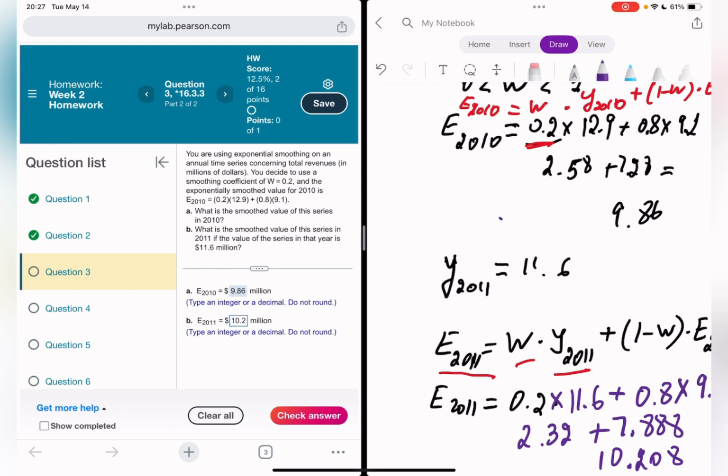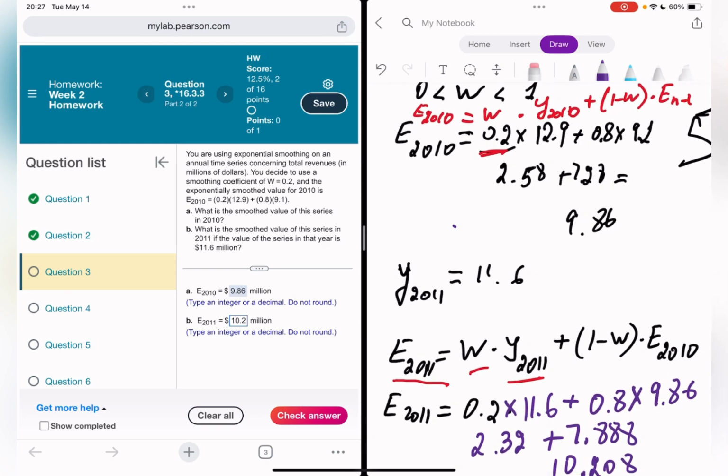Next, we get 0.8 times 9.86, 7.888, plus 2.32, 10.2.